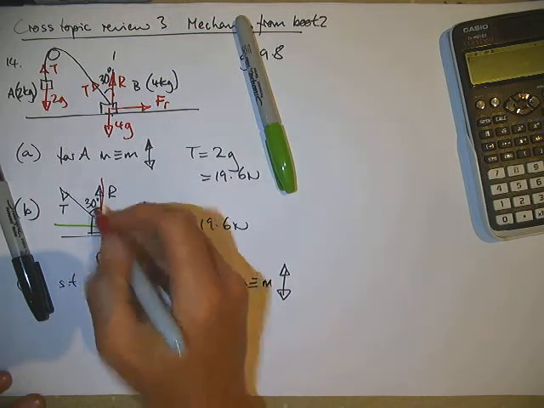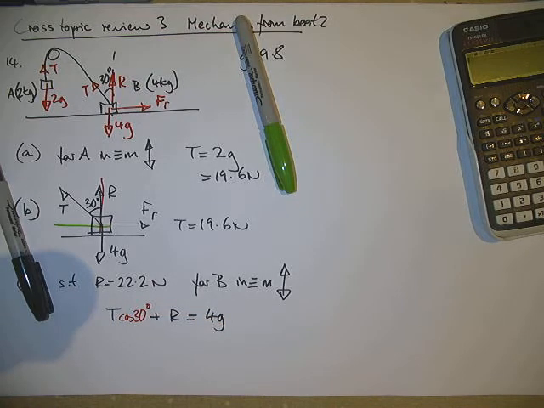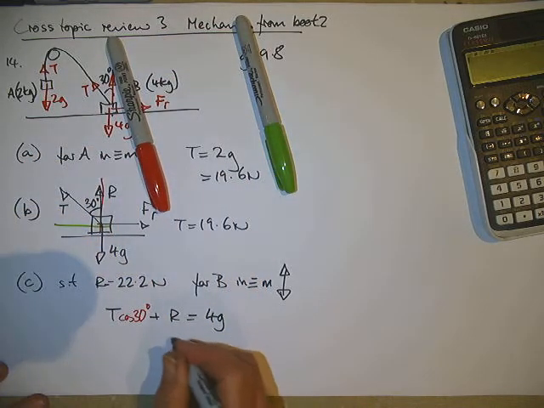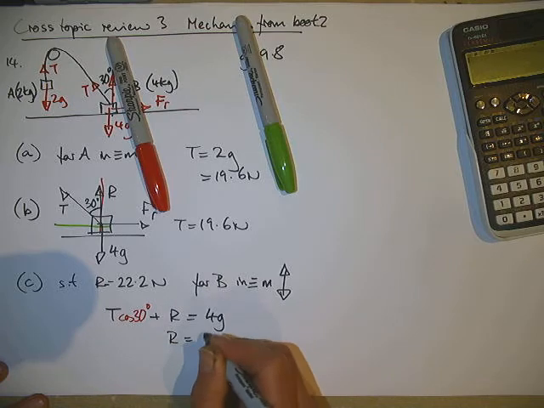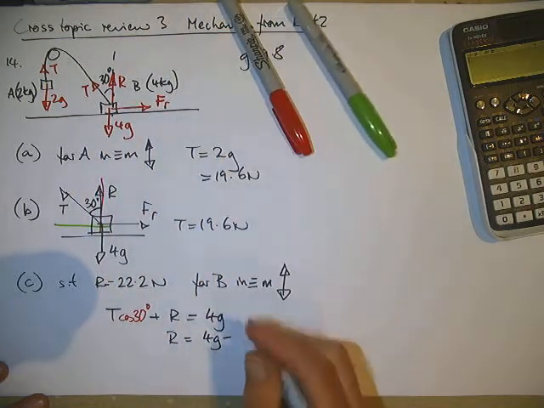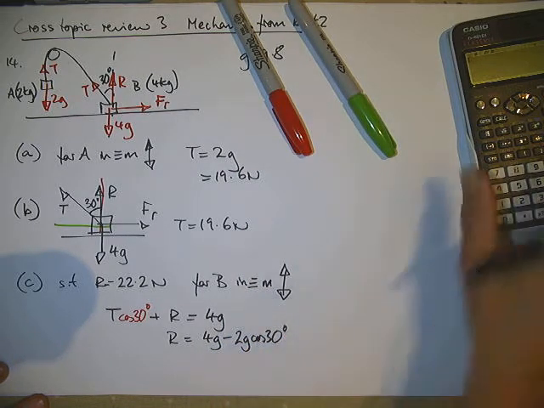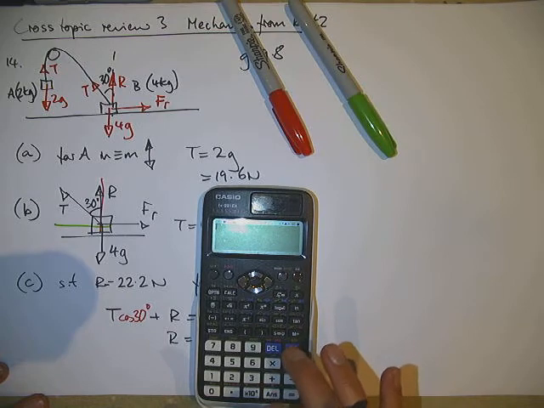This component touching the angle is cosine 30. So putting that together, we get that R is 4g take 2g cos 30. Let's work that out.